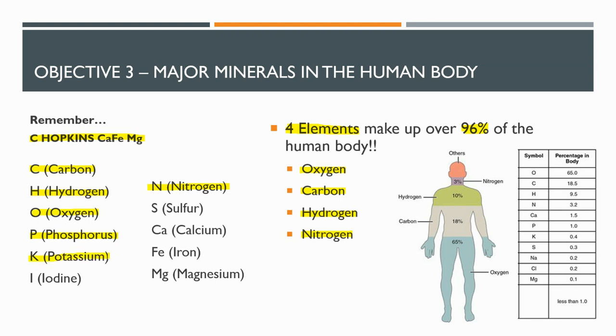Potassium is a very important ion that we'll talk about. Iodine, sulfur, calcium. Most of us know about calcium because we've always been told to drink our milk so that we have calcium for our bones, iron, and magnesium. These are going to have important roles in metabolism. But we definitely need to know the four elements that make up the human body, and we'll talk more about those molecules and compounds that contain them later.